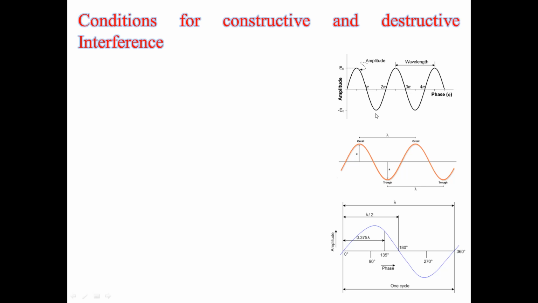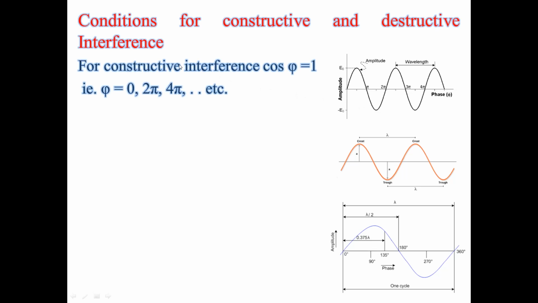So a phase difference 2 pi corresponds to points which are in phase, and the corresponding path difference is lambda. While a phase difference pi corresponds to points which are out of phase, and the corresponding path difference is lambda by 2. For constructive interference, the intensity should be maximum.